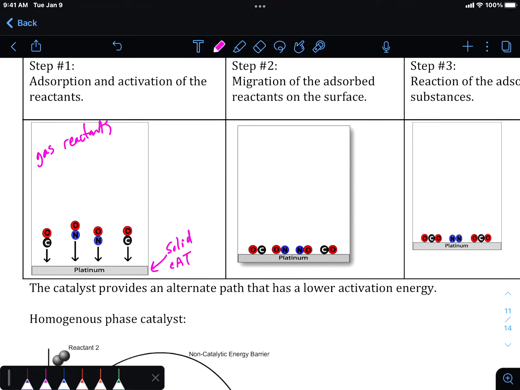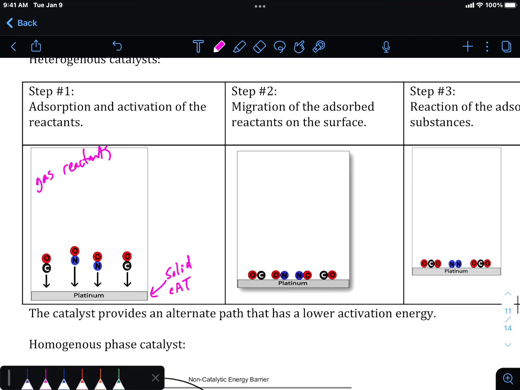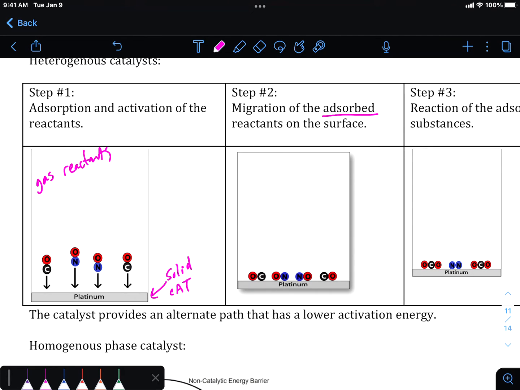And see how the reactants here, if we've got carbon monoxide, nitrogen monoxide, they end up congregating on the surface of the platinum catalyst. So here they are, all hanging out. And so when you have molecules that stick to something, that's called adsorption, when they stick to a surface.